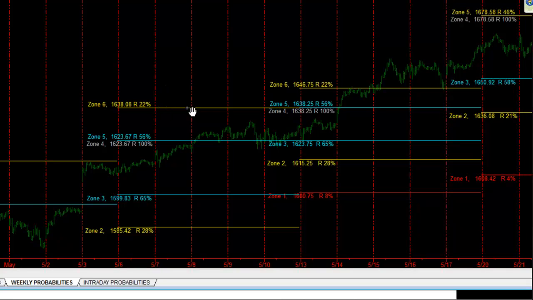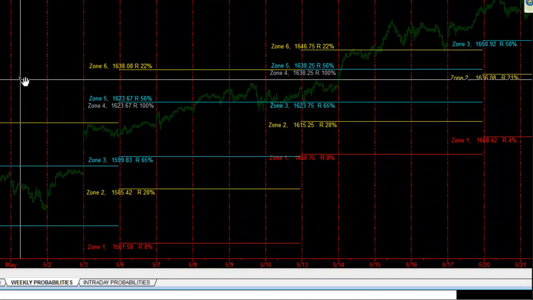These tools are invaluable for weekly options traders because at the beginning of the week, right here, when it opens, it's going to put these probabilities. And it shows me that the odds are 56% that the price will get up into this zone during the week, only 22% that it's going to get up into this zone, 65% that it's going to get down into this zone, and 28% that it's going to get down into this zone.